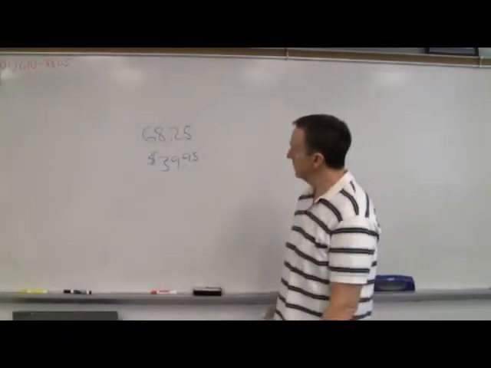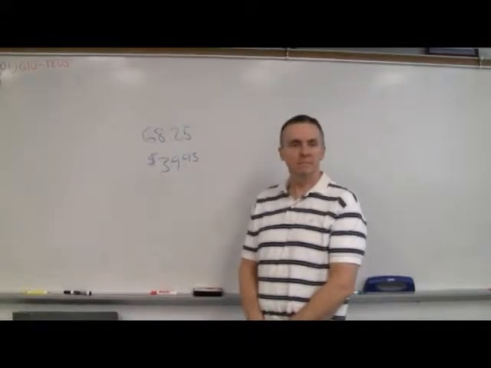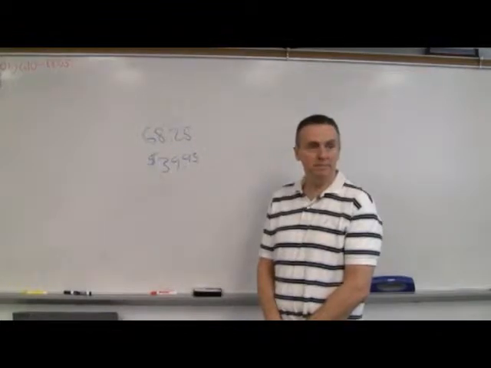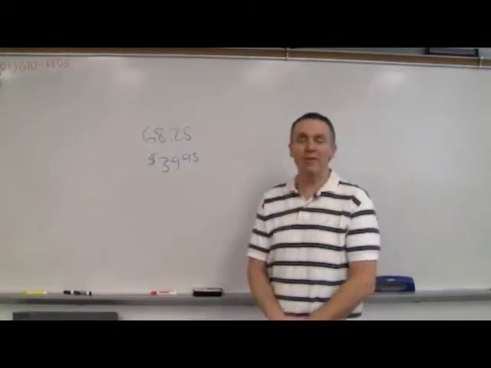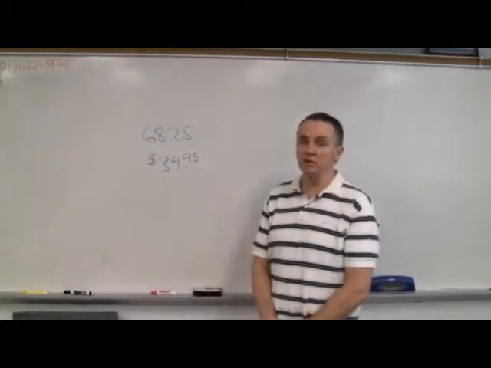All right. What do we do? What's the first step? Are we looking for rate? We are looking for a rate. Thank you, Brandon. He's absolutely right. One of these numbers will not be used.